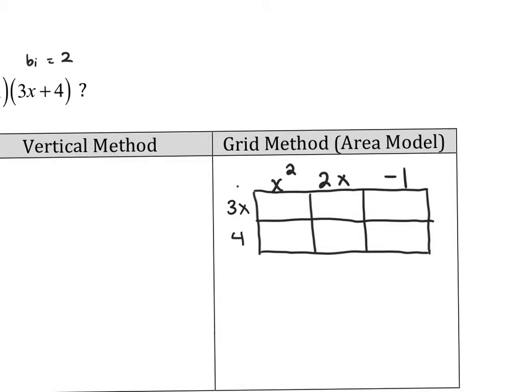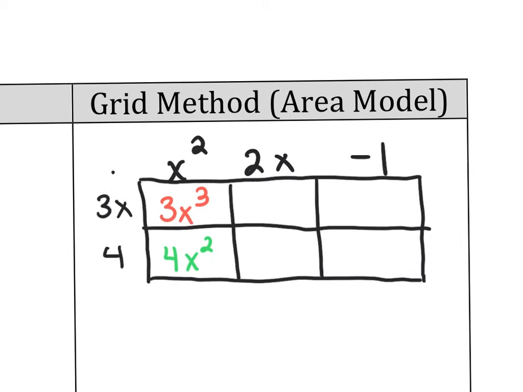So now I begin my multiplication here. So 3x times x squared is 3x cubed. 4 times x squared is 4x squared. 3x times 2x is 6x squared.